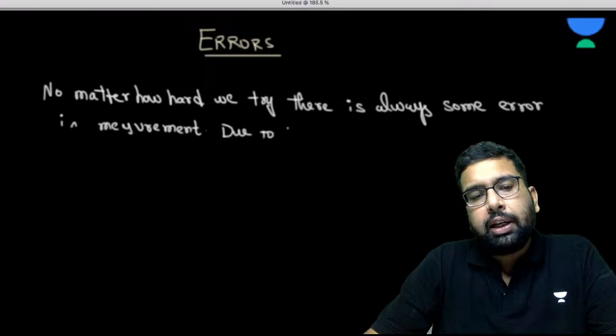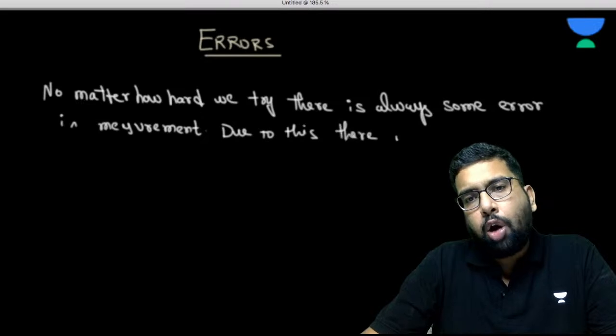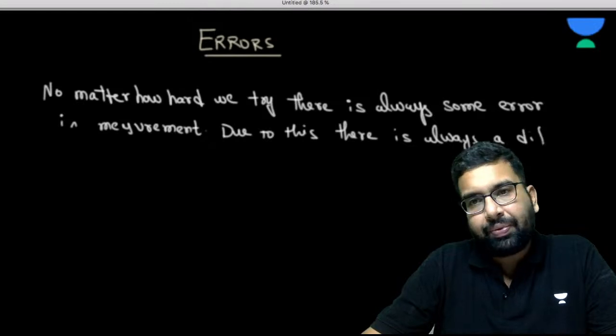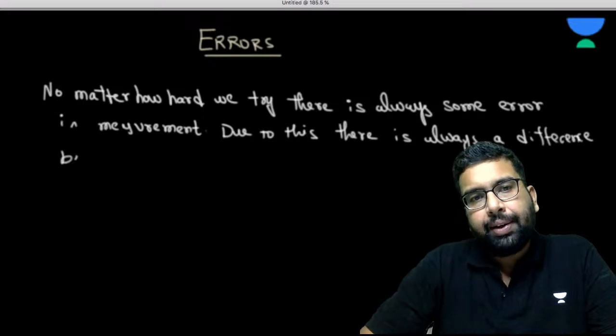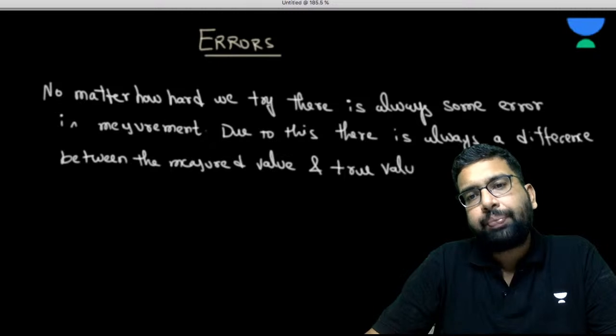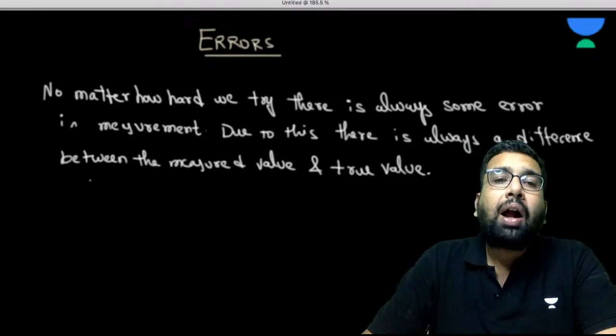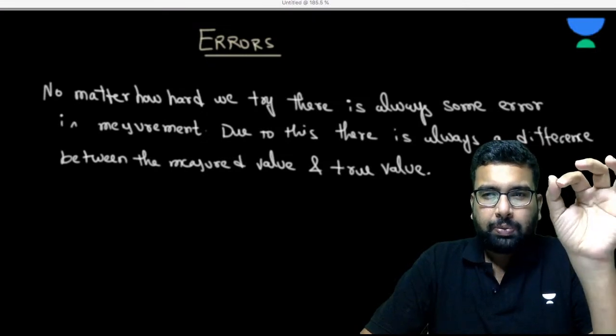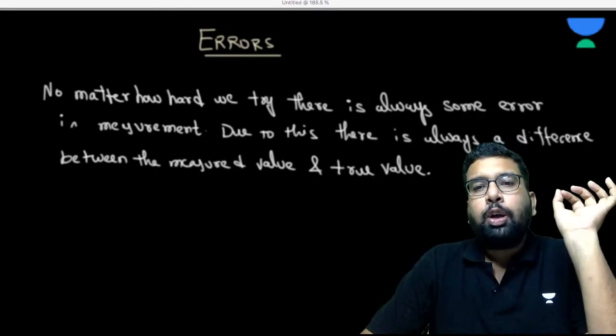Due to this, there is always a difference between the measured value and the true value. No matter how hard we try, the true value, the absolute value, the actual value, you can never reach.